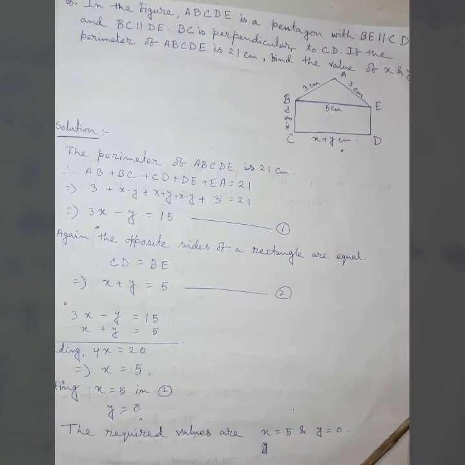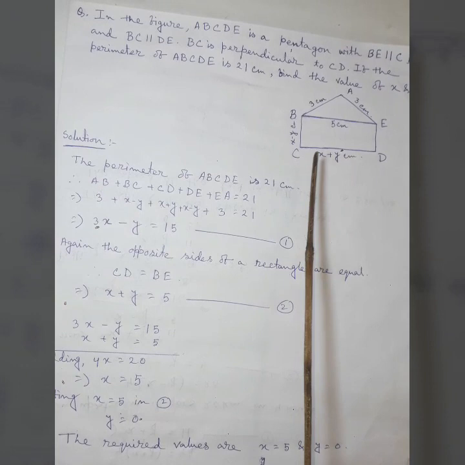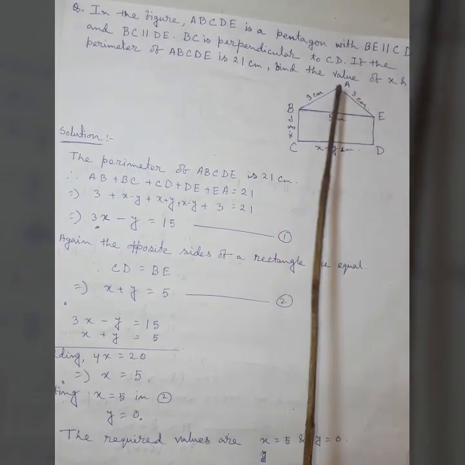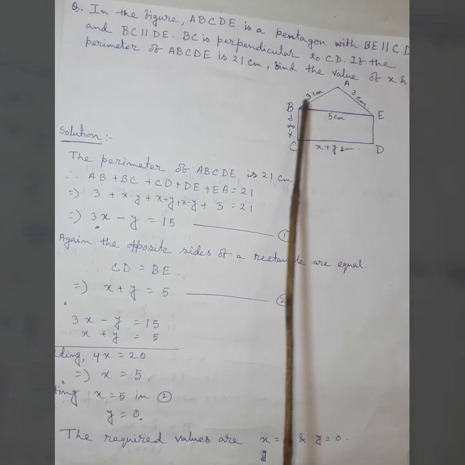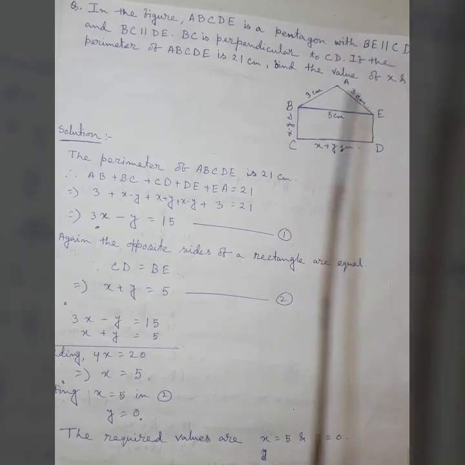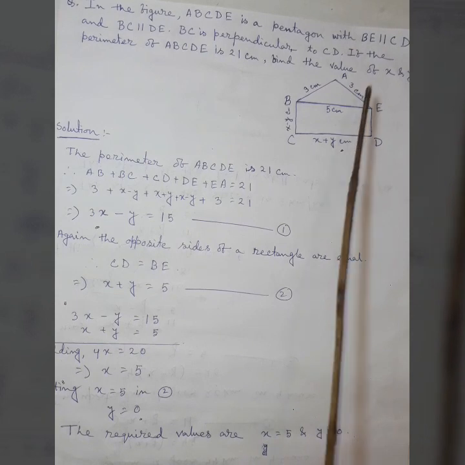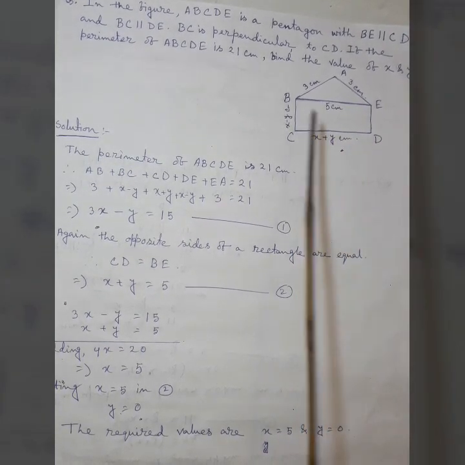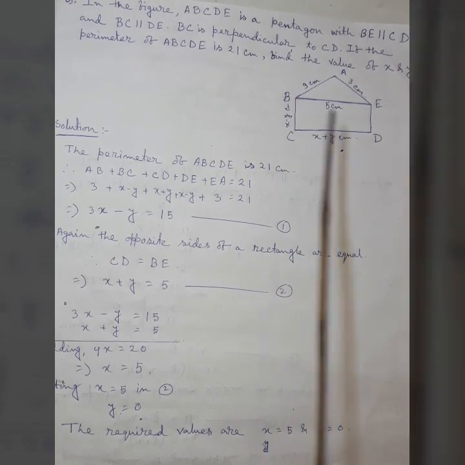Okay. You can see in the figure, this CD is x plus y. BC is x minus y. These two slanting sides of this triangle ABE are given 3 cm each and BE is equal to 5 cm. This BE parallel to CD is given.